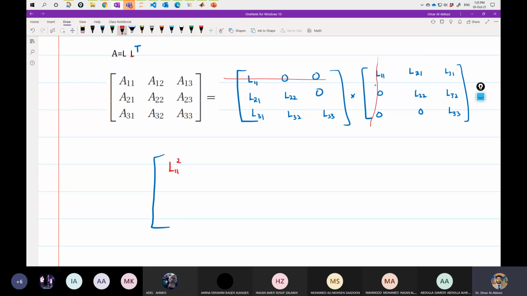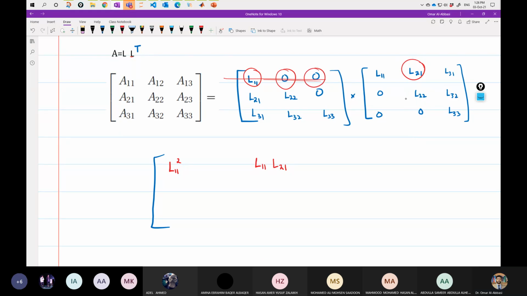All right. Now let's find the second element. It is again the first row multiplied by the second column. So that is L11 times L21, right? And then the 0 times terms cancel out.